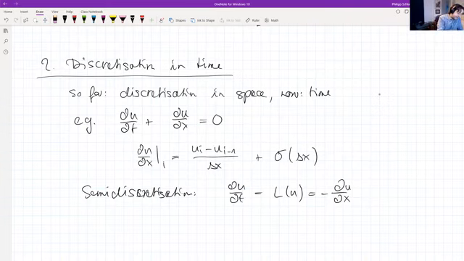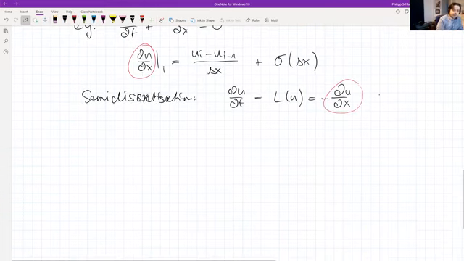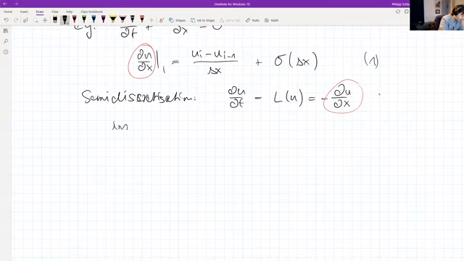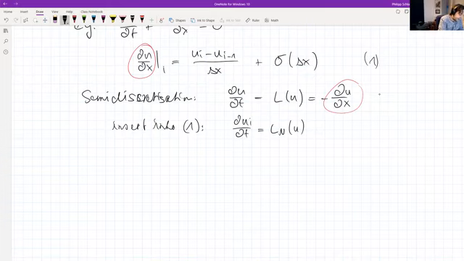Okay, and now I can take my spatial discretization and put it in here, and that will give me, this is equation 1, insert into equation number 1, and what I get is dy dt is a discretized version of this L operator that I have just written here.